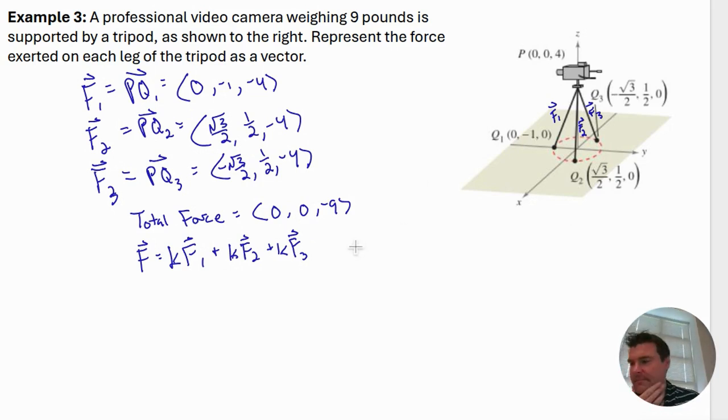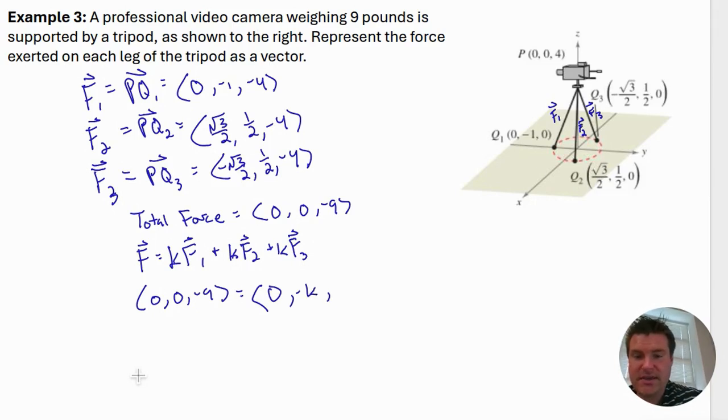So what we're going to do here is rewrite this total force. We're going to have total force here, which is 0, 0, negative 9. And I'm going to take a k and multiply it through everything. So that's going to equal k times 0 for the first force, negative k, negative 4k.